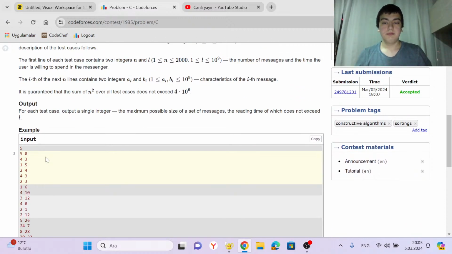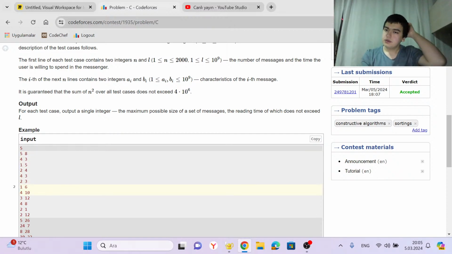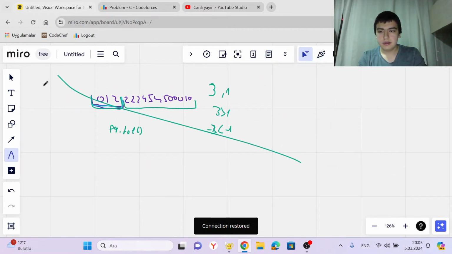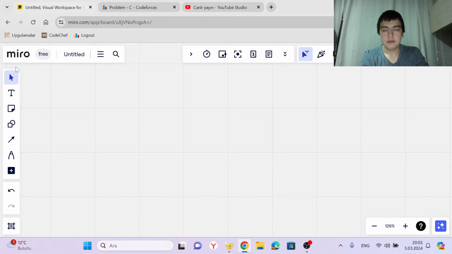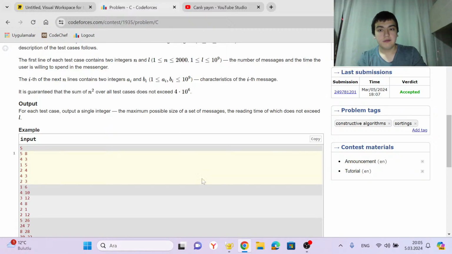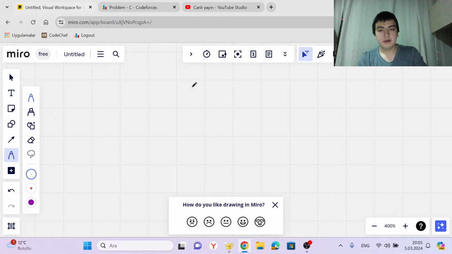In this problem, I have solved the problem like this. First of all, I think that taking the elements in an order with random B_i is nonsense.